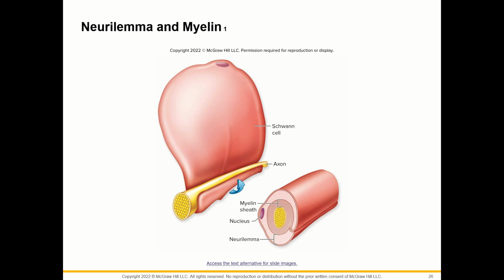I just call them neurolemmocytes now. That's what a lot of books refer to them as solely. Your book is calling them Schwann cells, which is how I first learned them. But it seems like it's moved away from that nomenclature.